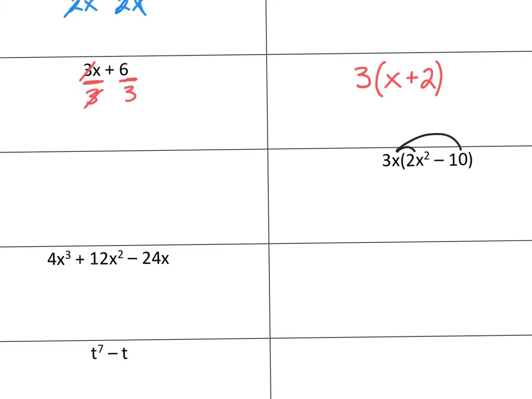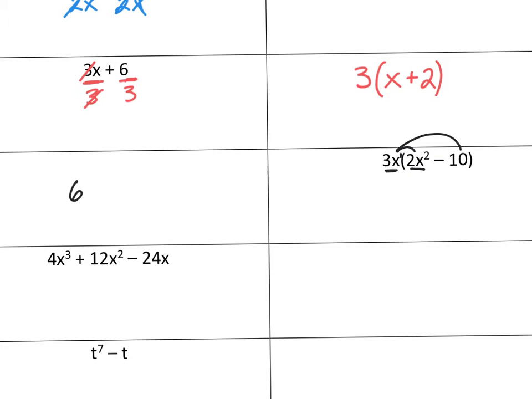Okay. So first term, 3x times 2x squared. Let's just start with the coefficients. So 3 times 2, 6. Okay? And now we have x times x squared, or x to the first times x squared. When we multiply two things that have a like base, what do we do with their exponents? Add them, okay?